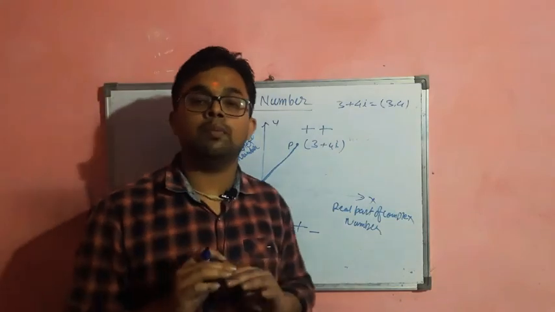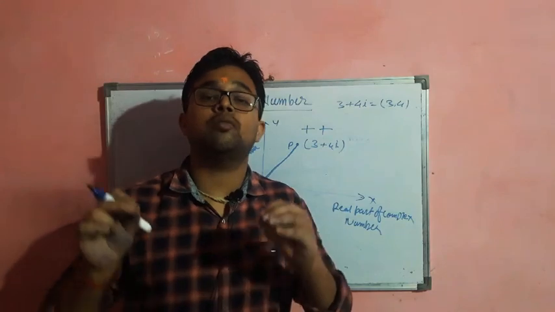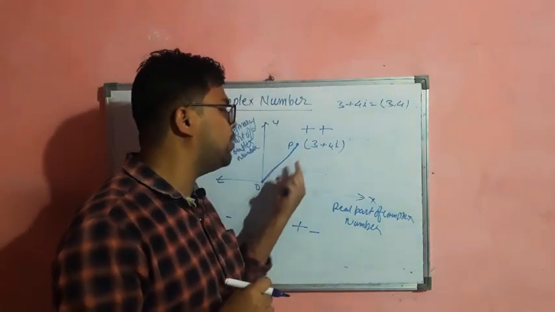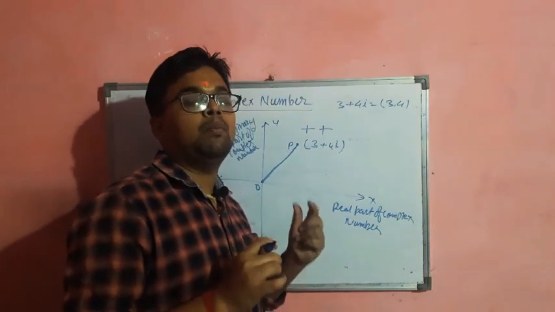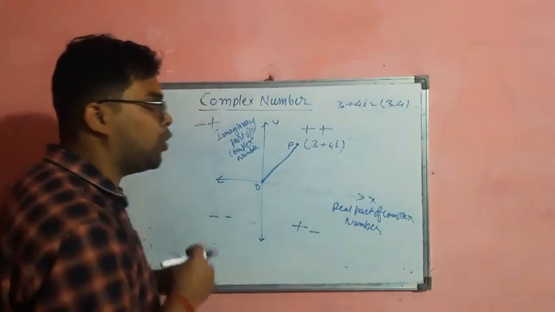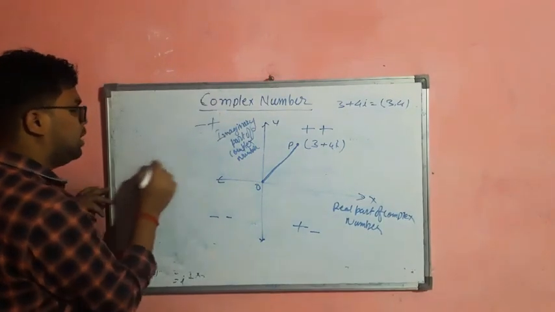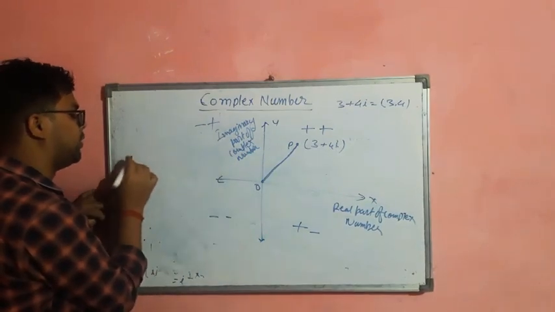Modulus is a distance, the distance of any complex number from the origin. So here OP is the distance of this complex number, so mod of OP will represent the modulus of this complex number.